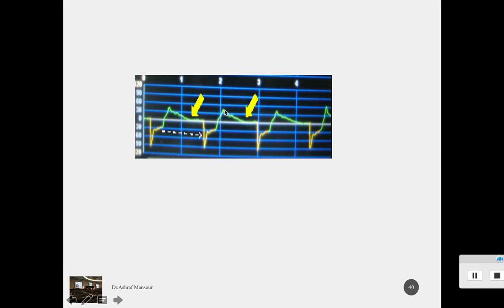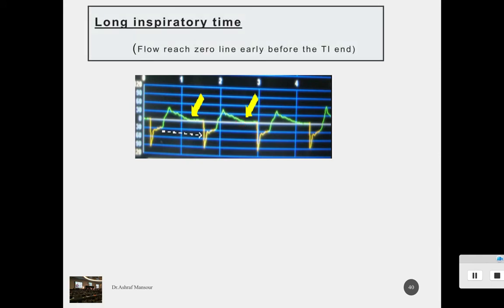Inspiratory flow reaches maximum, then goes back till it reaches zero, and still the inspiratory time before starting the expiration is long. So the flow reaches zero before the inspiratory time ends, so we are keeping the baby in inspiratory hold.